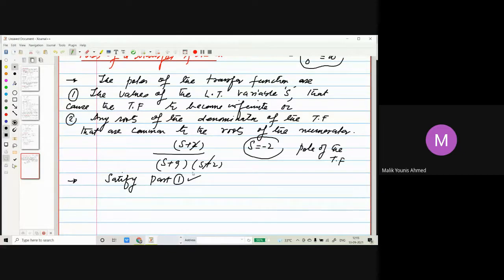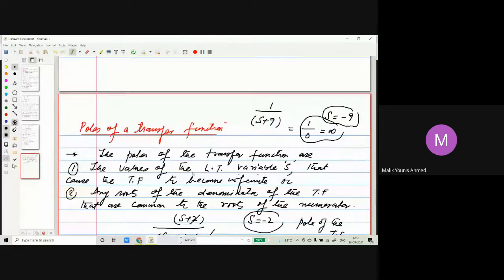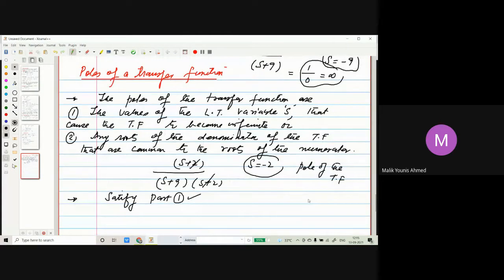For example, the roots of the characteristic polynomial in the denominator are values of s that make the transfer function infinite. In the example shown, we consider the root s equal to minus 9 and substitute it in the transfer function G of s, and that makes its value go infinite. So for this definition, we don't have any problem.